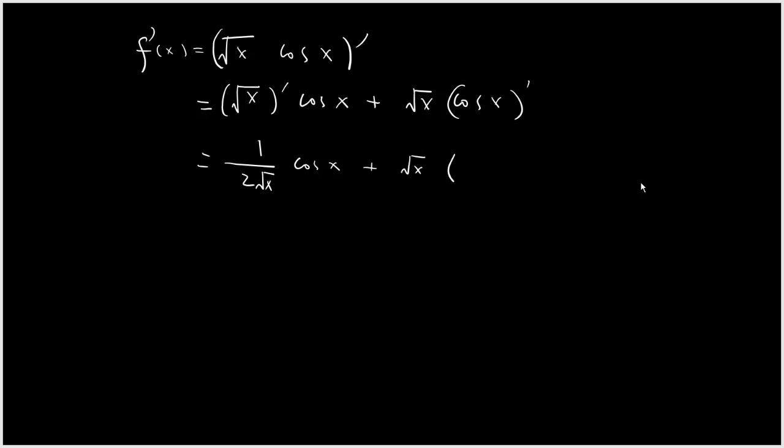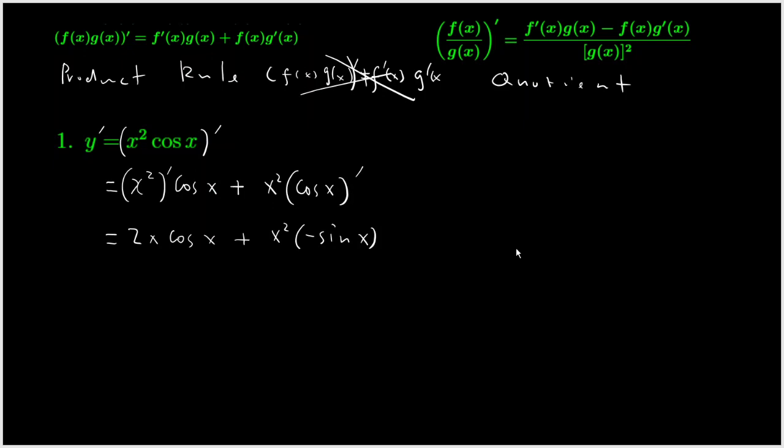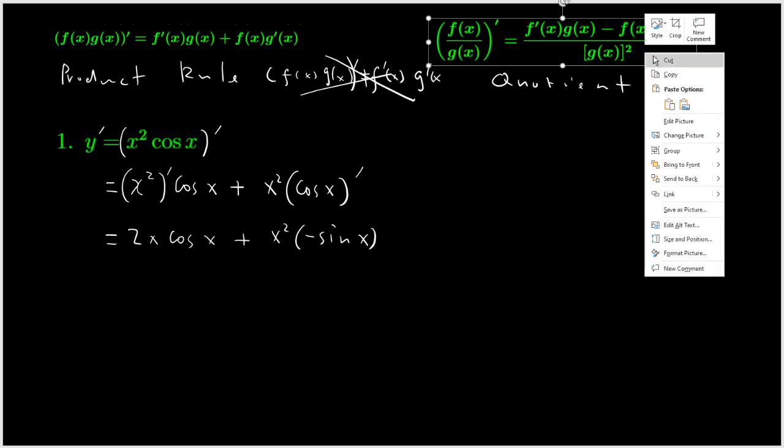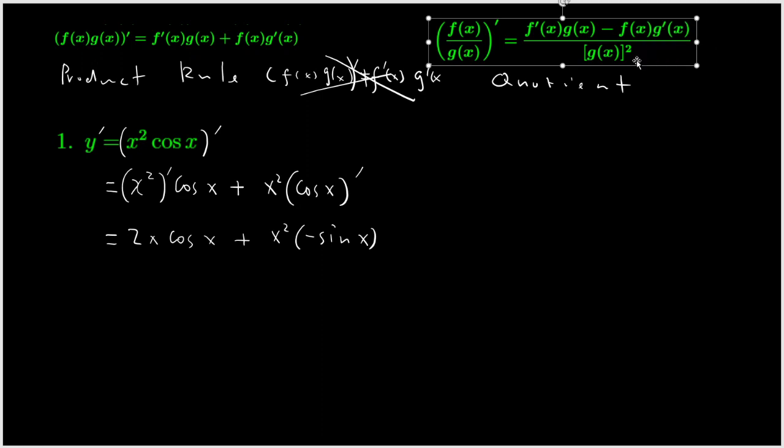The derivative of cos of x is negative sine of x. So simple enough. As long as you know the basic formulas, actually I do not have too many harder questions for the product rules and the quotient rules.